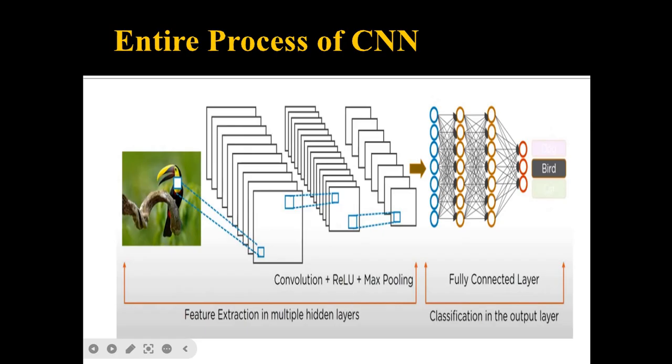The image is processed with multiple convolutions and ReLU layers for locating the features. Then different pooling layers with various filters are used to identify specific parts of the image, and the pooled feature map is flattened and fed to the fully connected layer in order to get the final output. Okay, this is about the convolutional neural network.